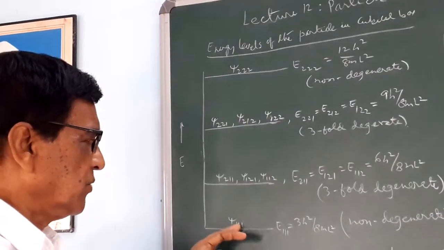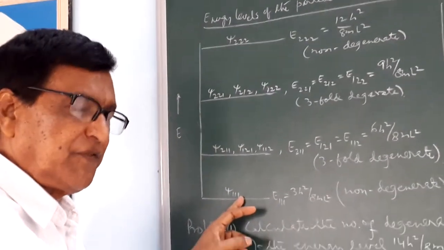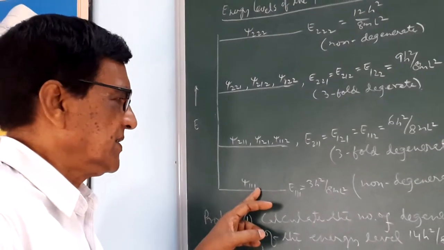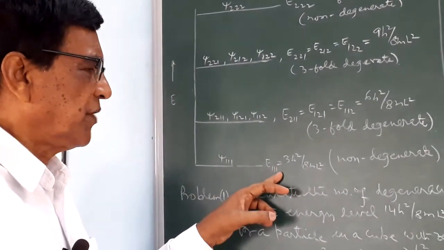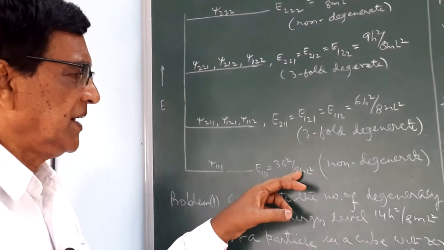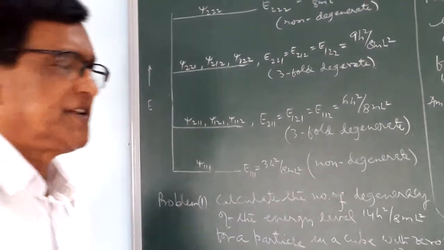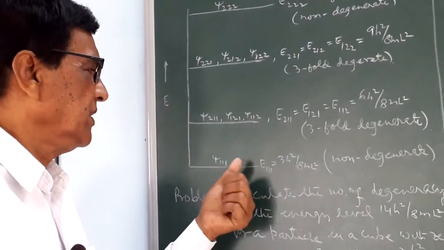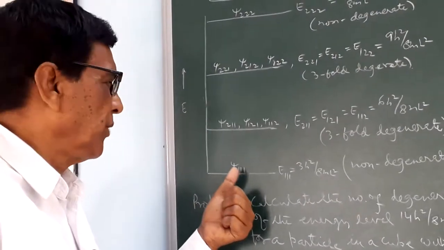Psi 111 is the ground state wave function, and E111 is the zero-point energy 3h² divided by 8mL², and this is non-degenerate, meaning this level has only one wave function.